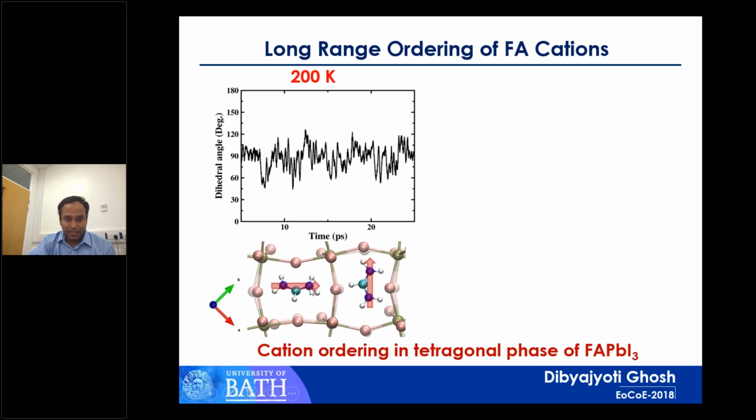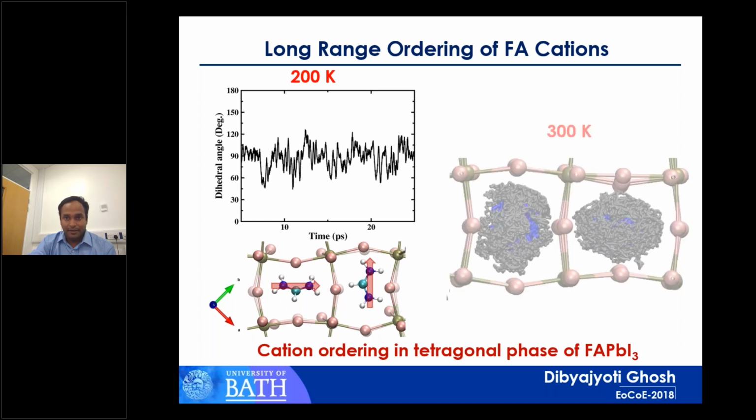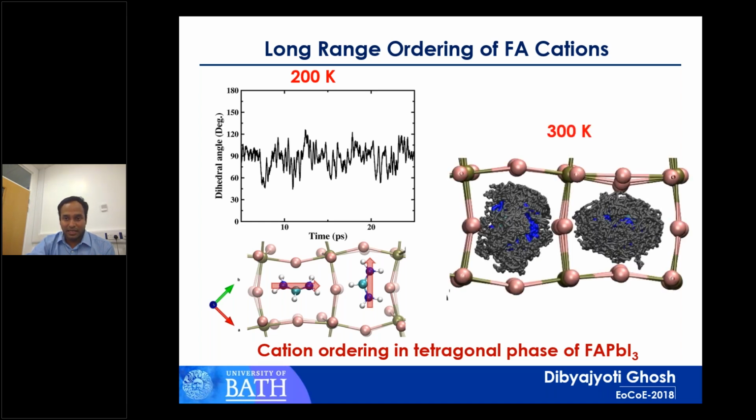So pictorially, these two molecular vectors are oriented 90 degrees to each other in nearest neighbor cages. So there is a kind of ordering of formamidinium in the low temperature phase. But as I showed, at 300 Kelvin, we don't see this type of long range ordering of formamidinium cations.